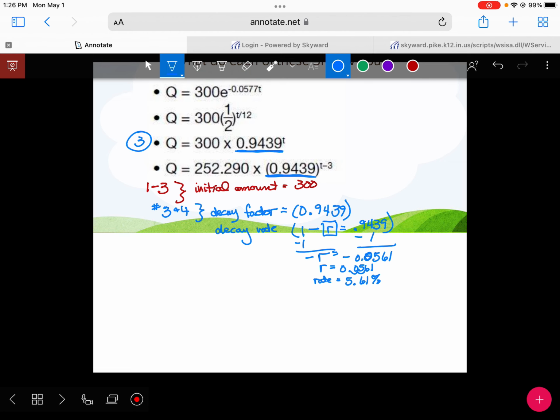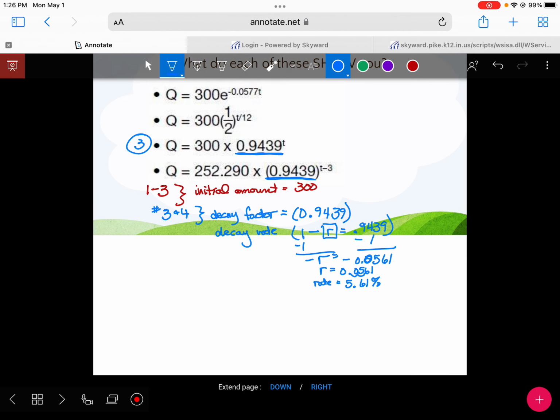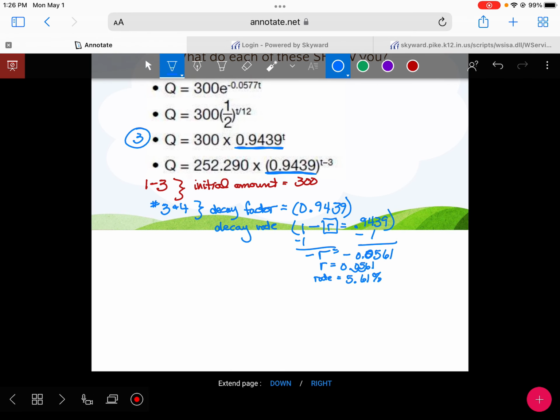The other thing that we can tell is that this was per month, wasn't it? If I look at equation number 2, I have 300 times 1/2 to the t divided by 12.